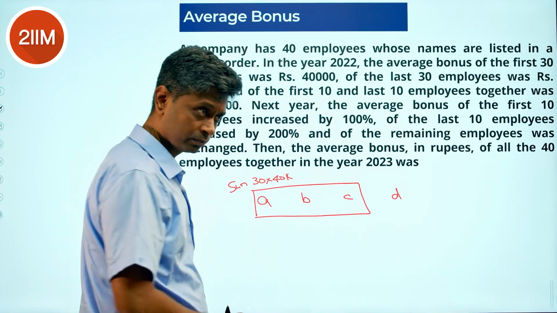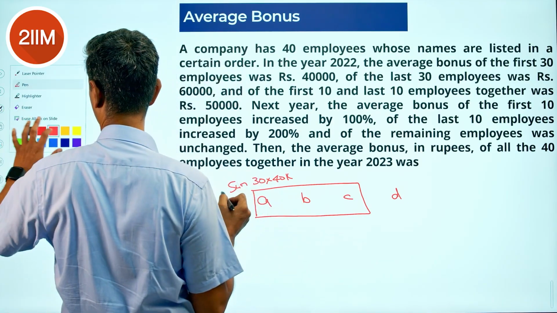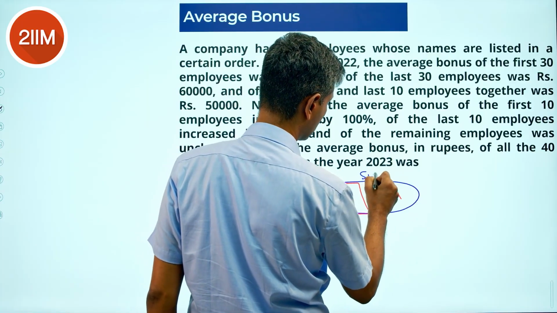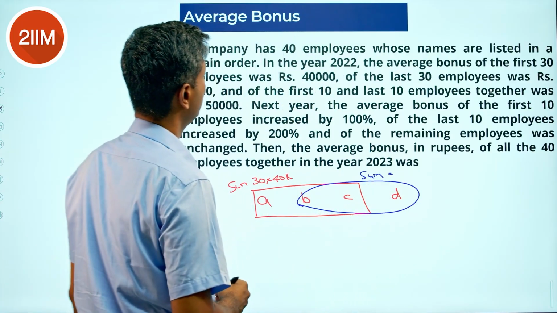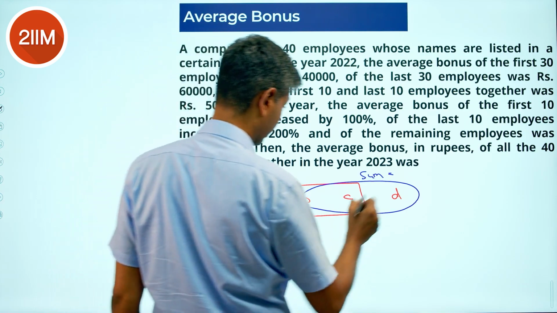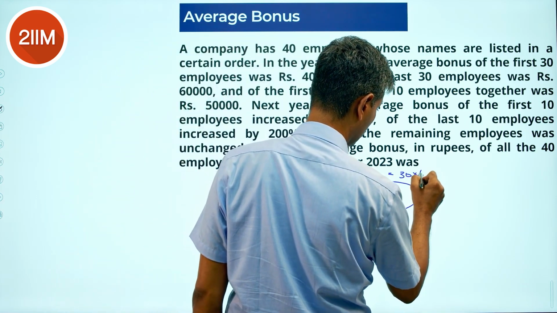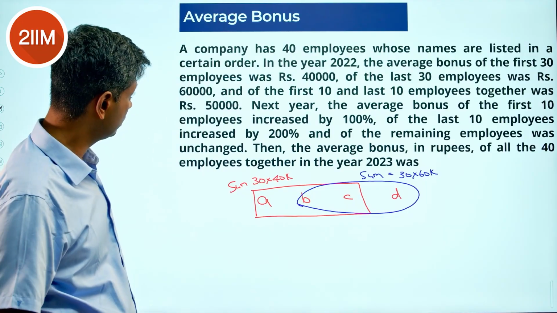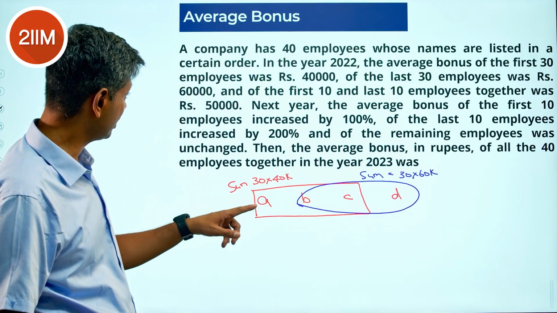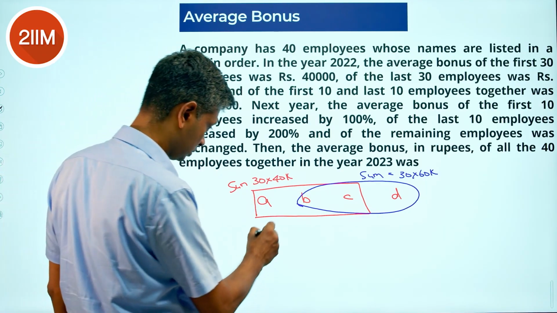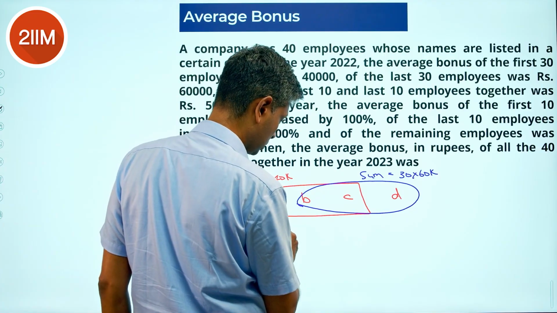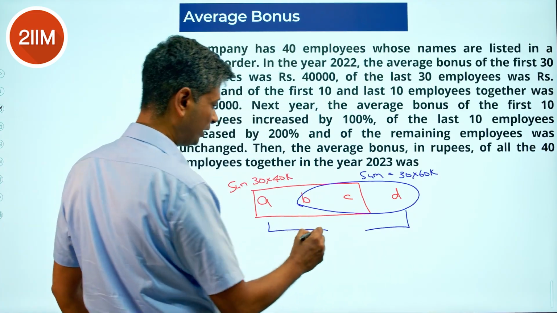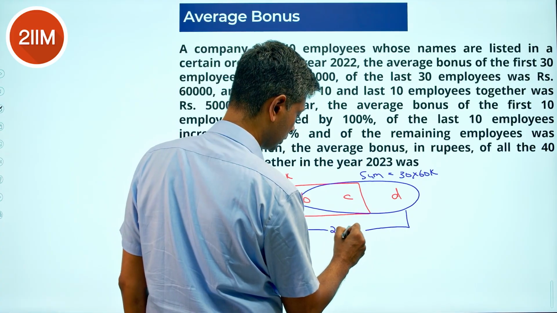Sum B plus C plus D, last 30 employees is 60K, 30 into 60K. The first 10 and the last 10 was 50,000. This plus this is 20 into 50K.